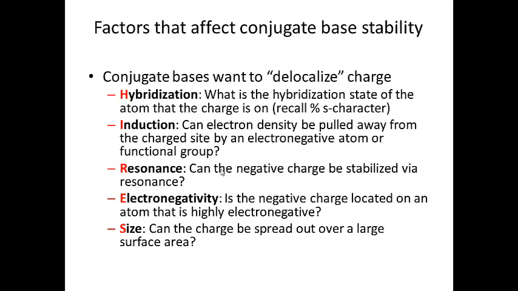Electronegativity: is the negative charge on an atom that's highly electronegative and therefore able to handle that charge? And then size. We haven't talked about size, but size can play a role in how stable a conjugate base is, simply by the charge being spread out over a larger surface area, creating a less dense charge.